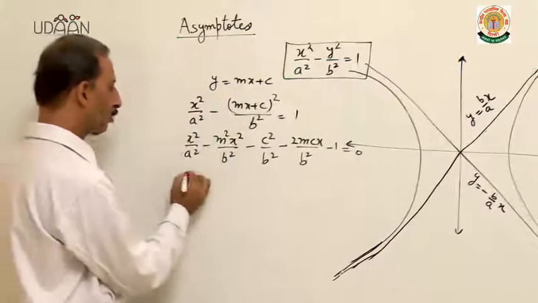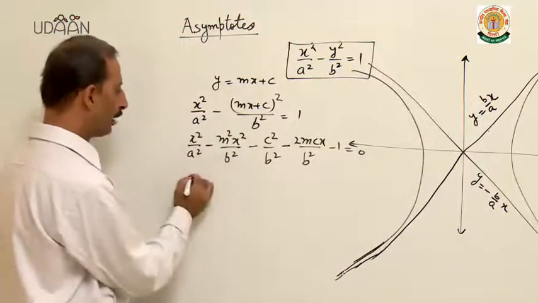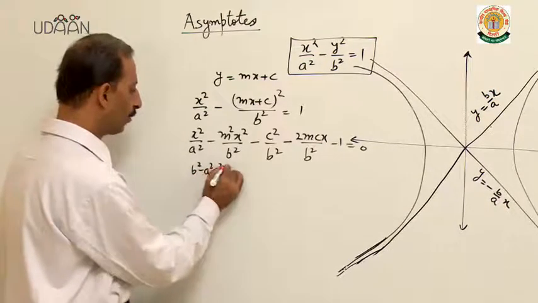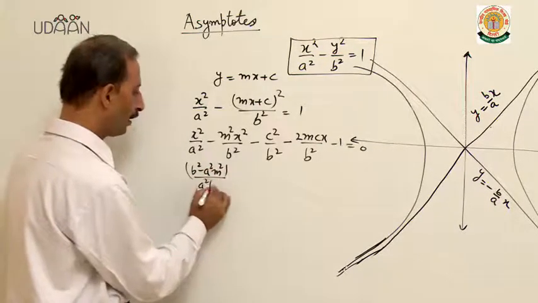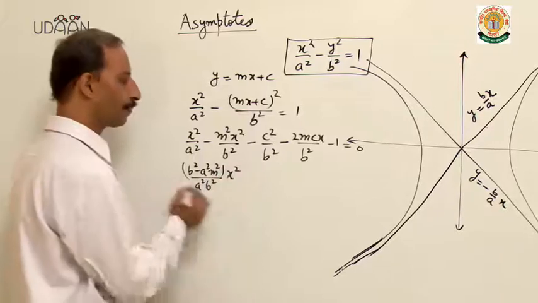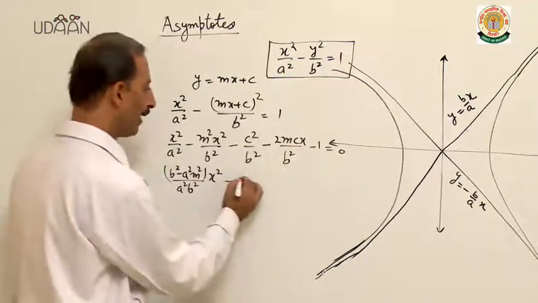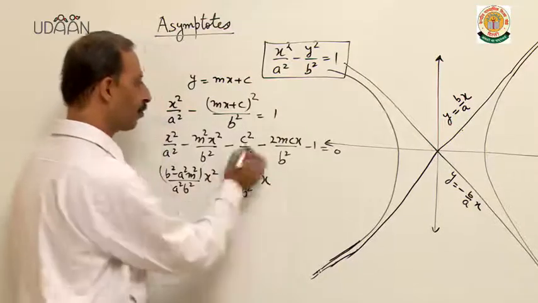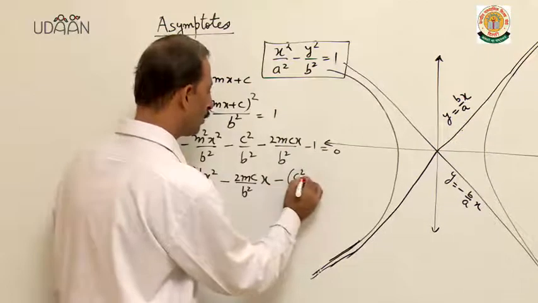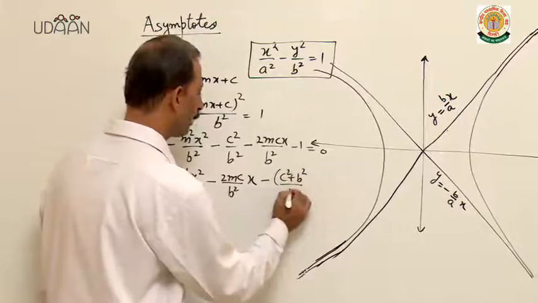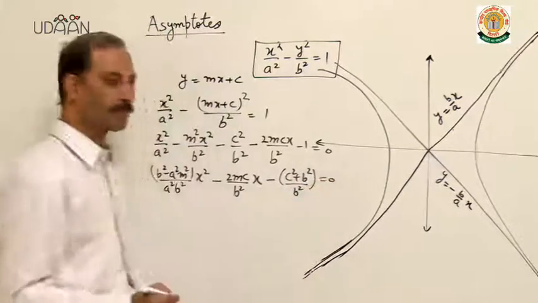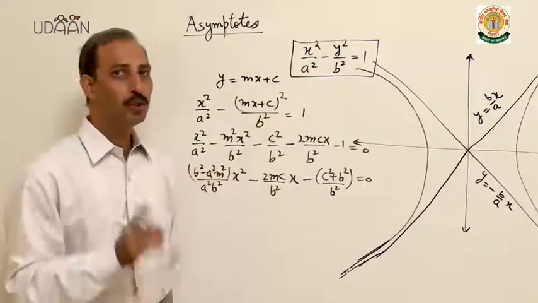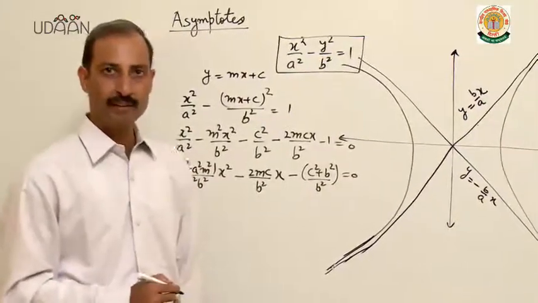So the coefficient of x square will be (b square minus a square m square) upon a square b square, the coefficient of x is 2mc upon b square, and the constant term is (c square plus b square) upon b square, equal to 0.